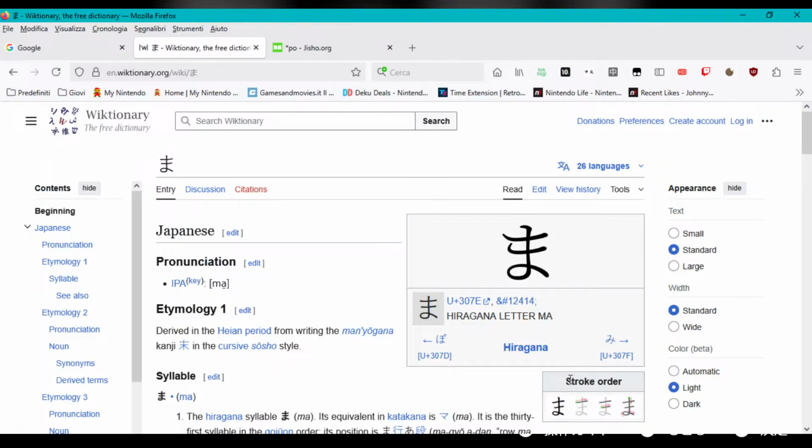That's specific to the ha-gyo. The ma-gyo doesn't have even the dakuten, because it's the sound m, which already is voiced, so you can't voice it more.